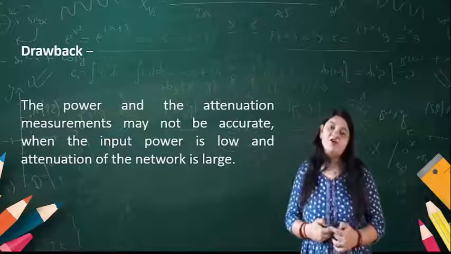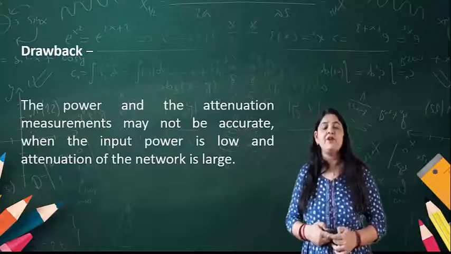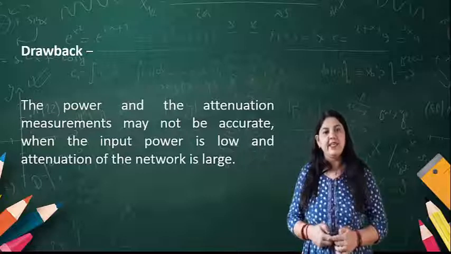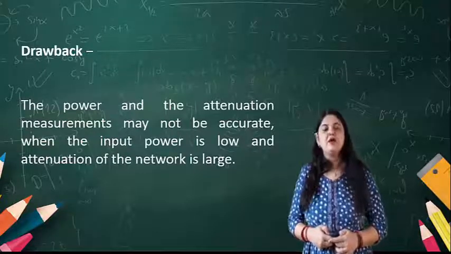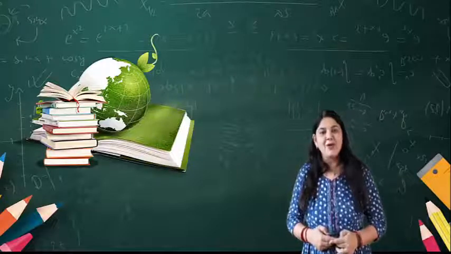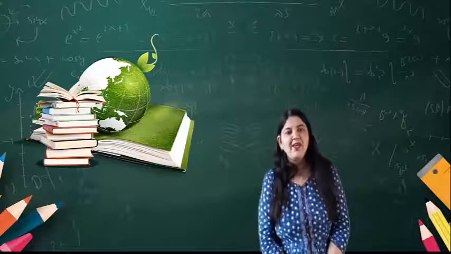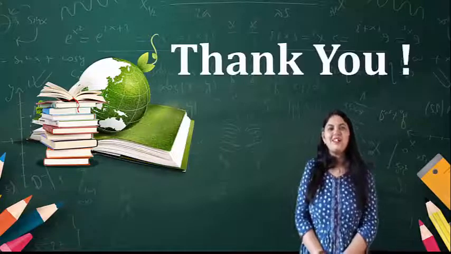By this we are able to use various methods for measuring the attenuation that would appear in a particular system. So it is about the measurement of attenuation. Thank you very much, everyone.